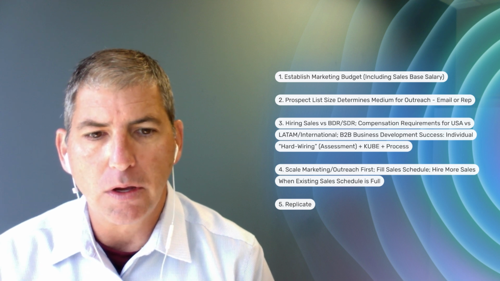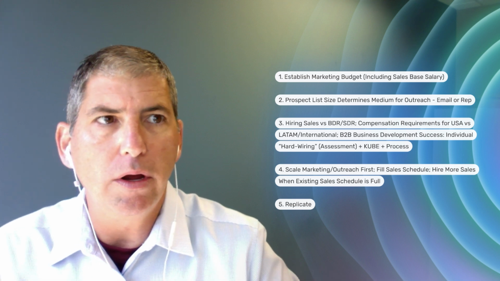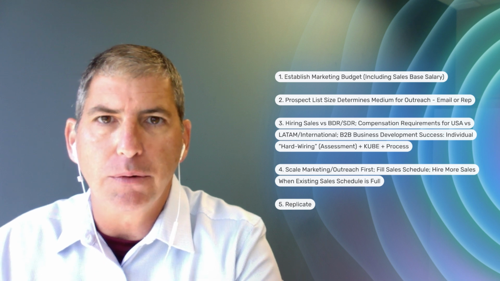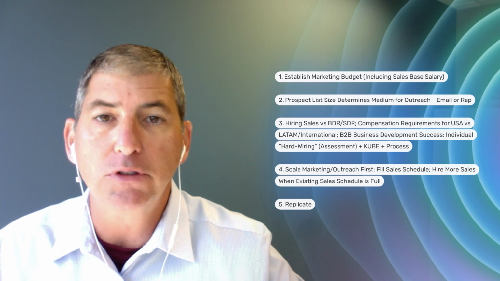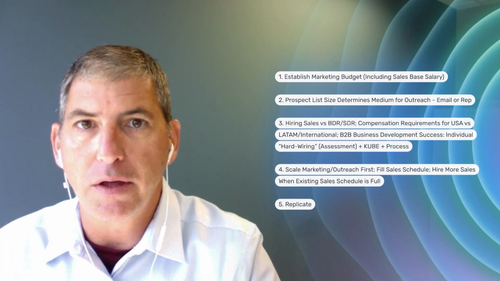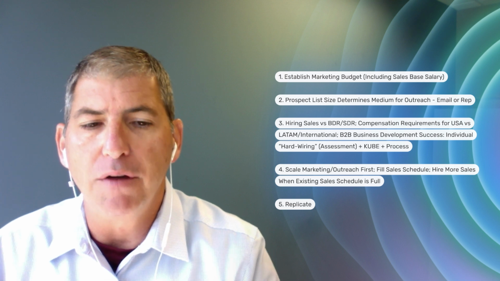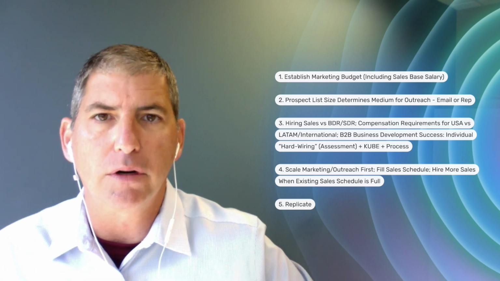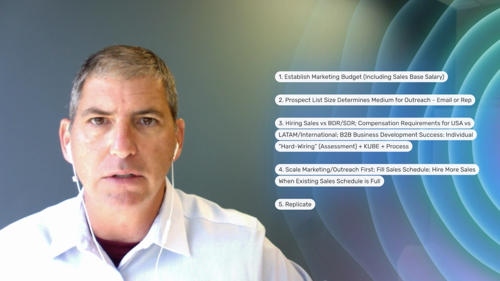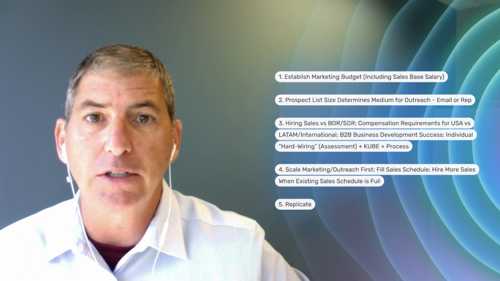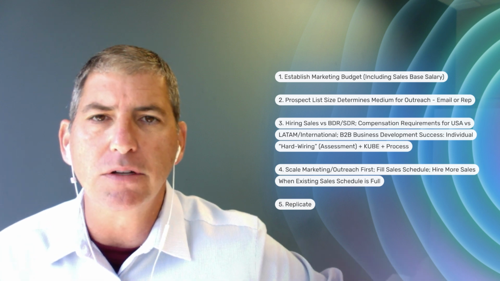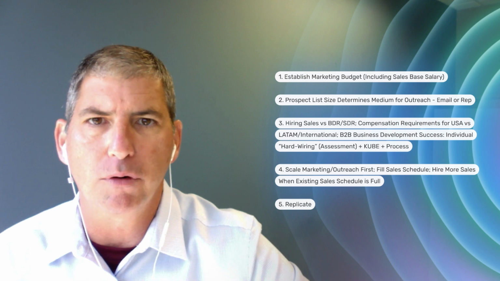Next step is, remember, we are scaling the marketing and lead generation first at all times. Again, if we're working within a budget, right? If you have the budget to hire an entire United States sales team that's going to do their own prospecting, boots on the ground, this is not what we're referring to here, right?